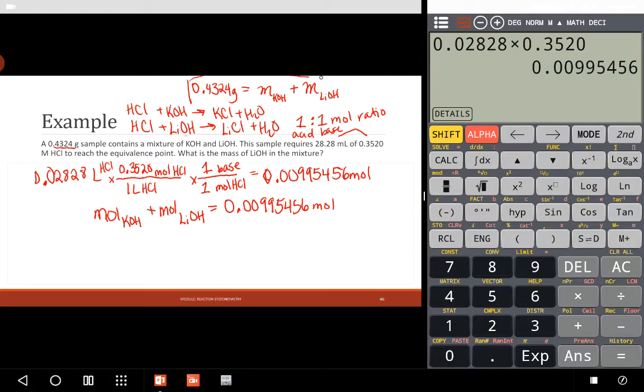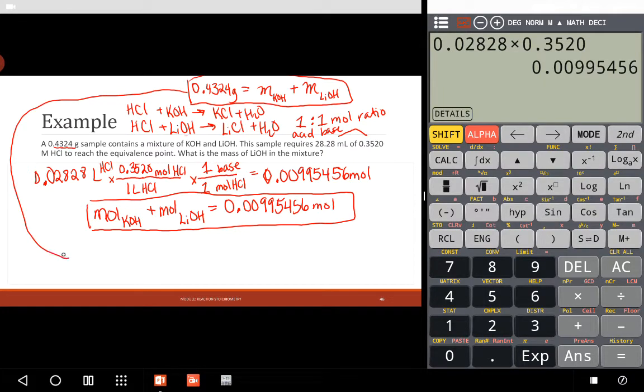So now we know what the masses add up to, and we know what the moles add up to. So if we take this original equation here, we have 0.4324 grams, and we're interested in solving for the mass of lithium hydroxide.